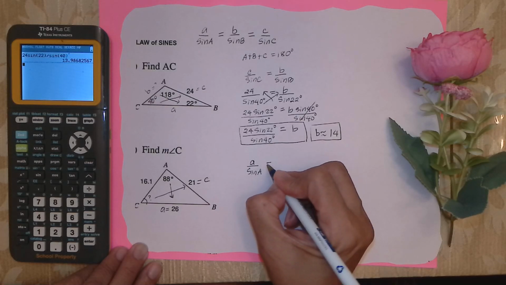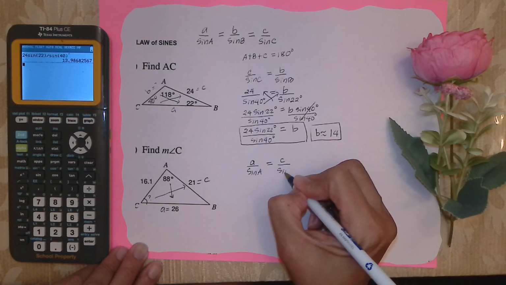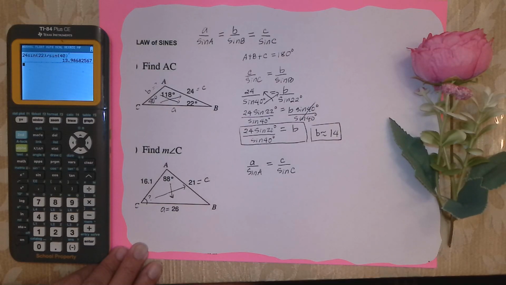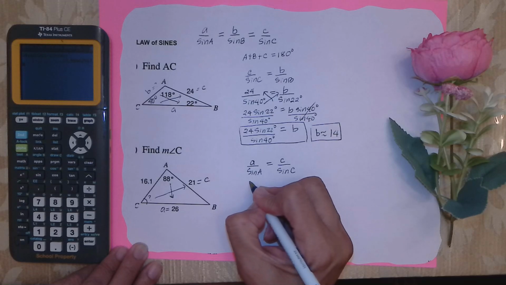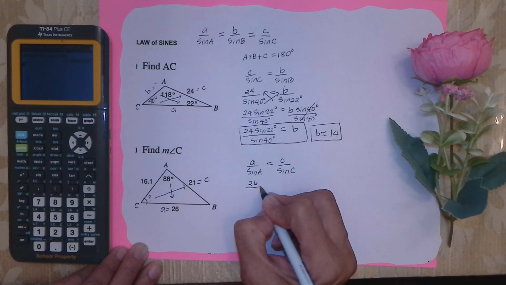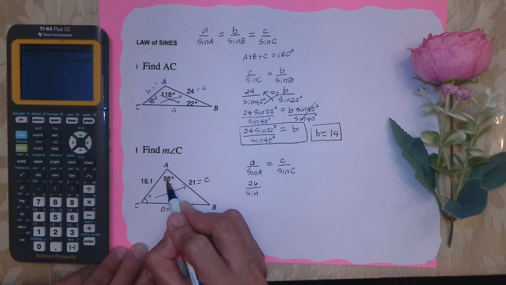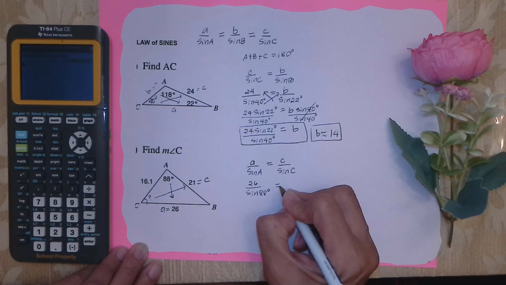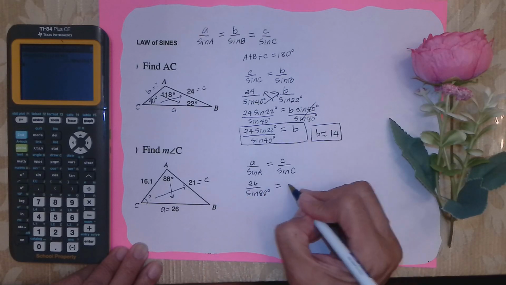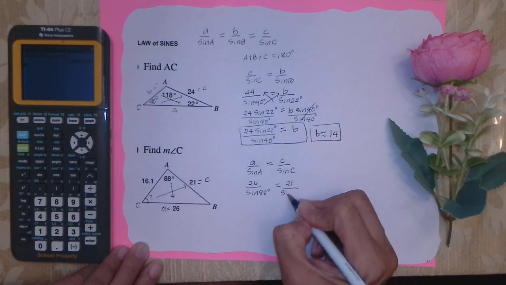So that is equal to c over sine C. Let's replace a with the number that we have: 26 over sine of angle A, which is 88 degrees, is equal to c, which is 21 over sine of angle C.